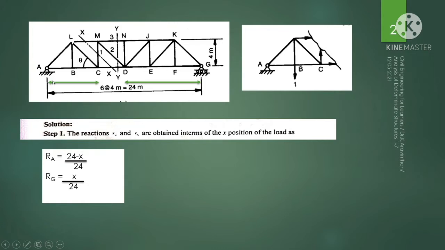Let us split this into two regions. This is region 1, which is the left side of the considered plane, and the right side of the considered plane is D to G. So this is our plane.